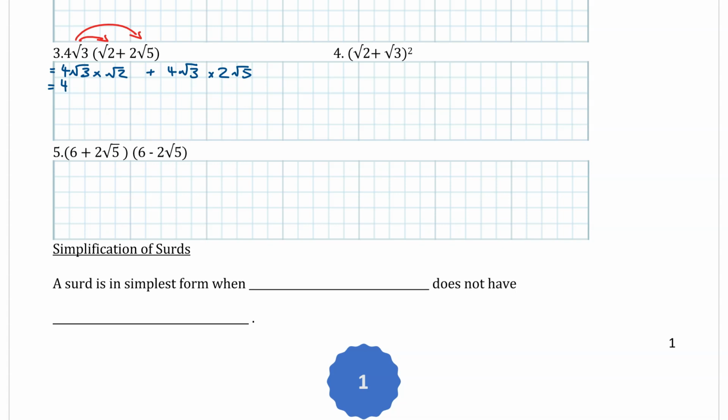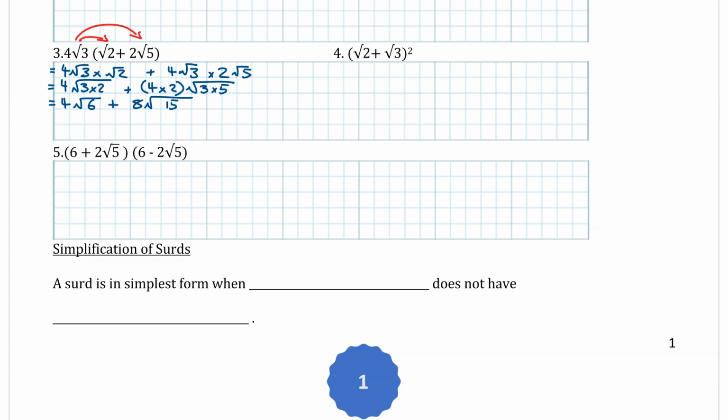Simplifying that, the 4 multiplied by the 1, and 3 times 2 in the radical, plus 4 times 2, then in the radical we have 3 and the 5. Simplifying, 4 root 3 times 2 is 6, plus 4 times 2 is 8, then in the radical we have 3 times 5 is 15.